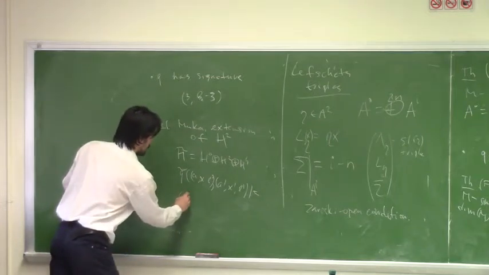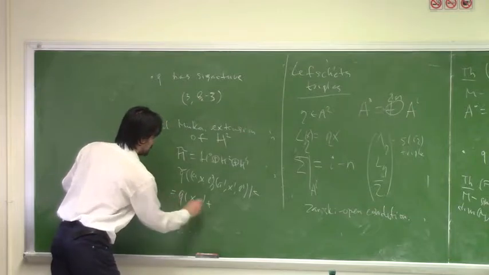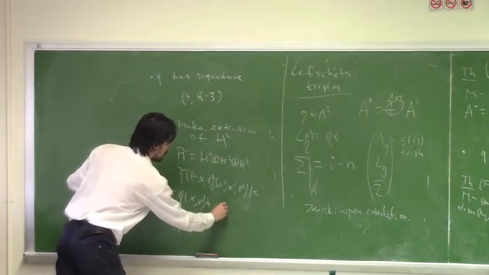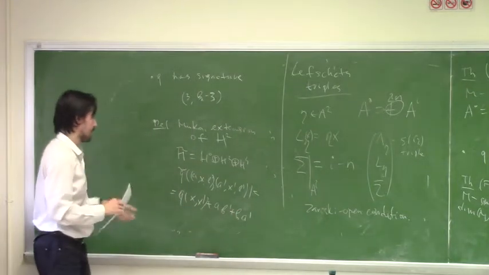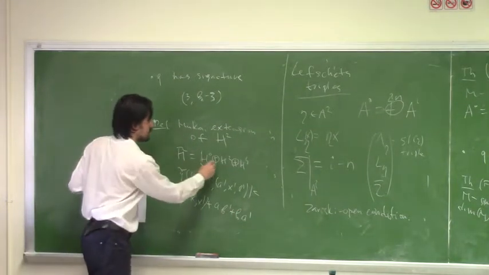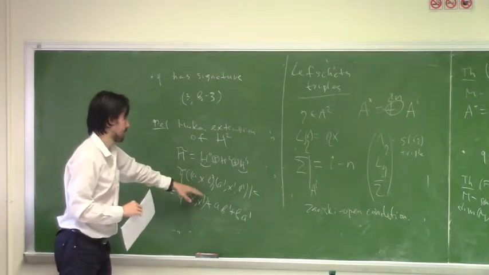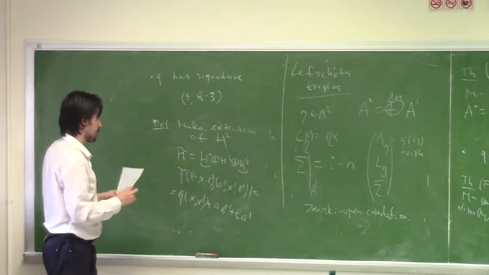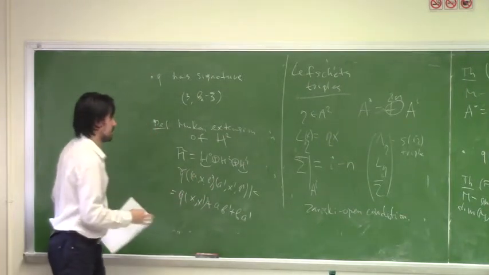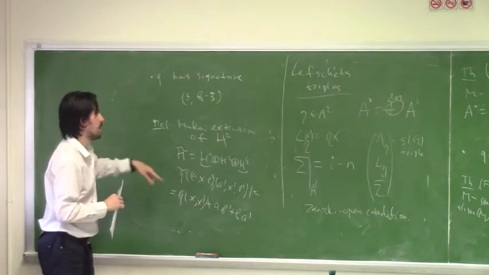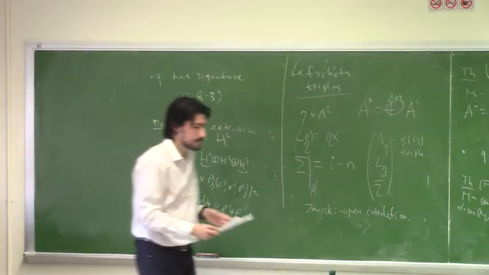And so we have Q of x prime plus a b prime plus b a prime. Now we can see that H0 and H4 form a hyperbolic lattice with respect to Q tilde, and this hyperbolic lattice has signature (1, 1).